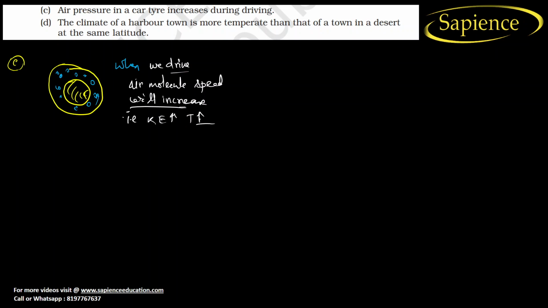Okay, so we know that PV is equal to mRT. So mR is constant, so volume is also constant. Here volume will remain constant. If volume remains constant, pressure is directly proportional to temperature.